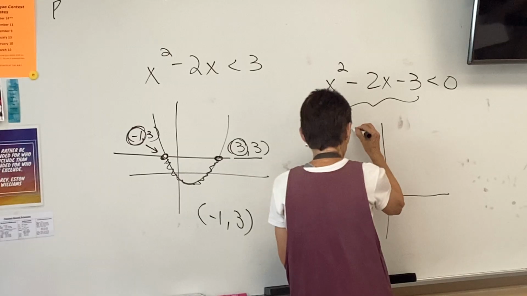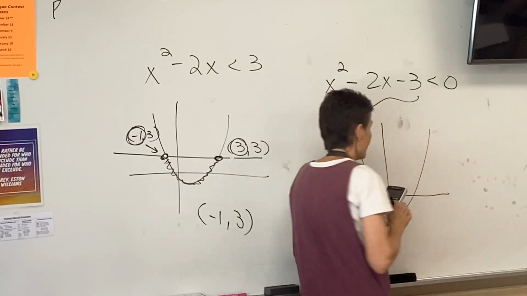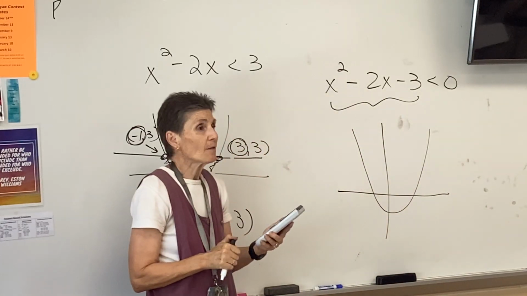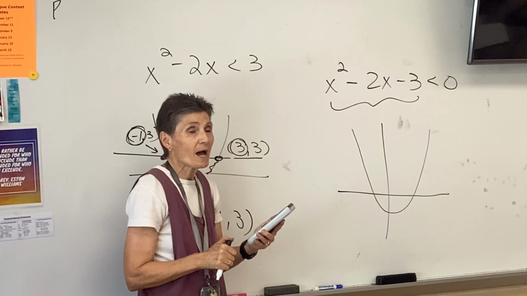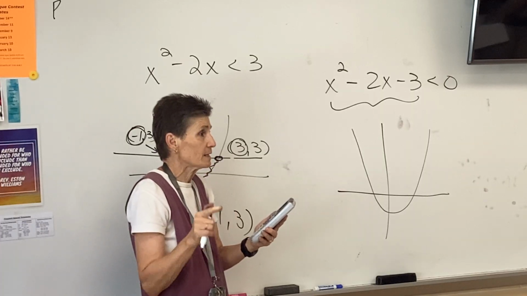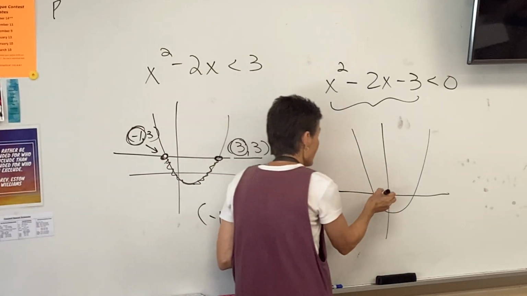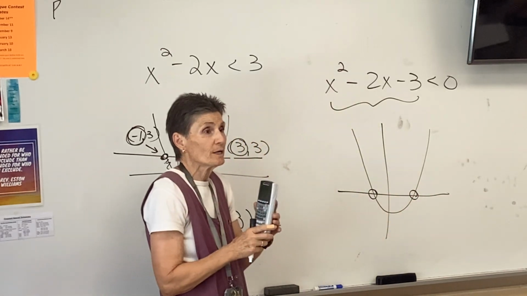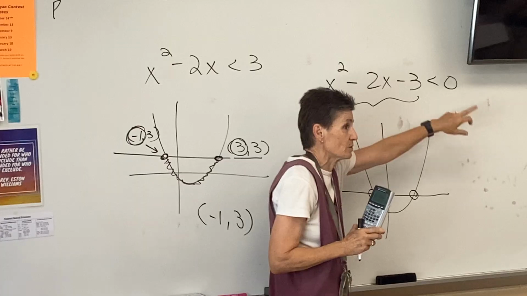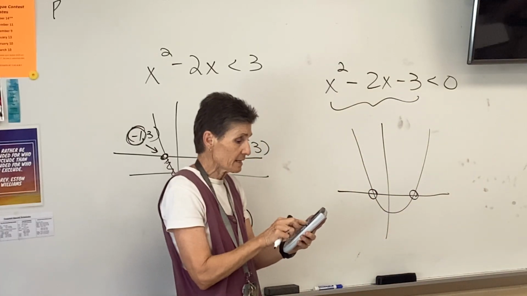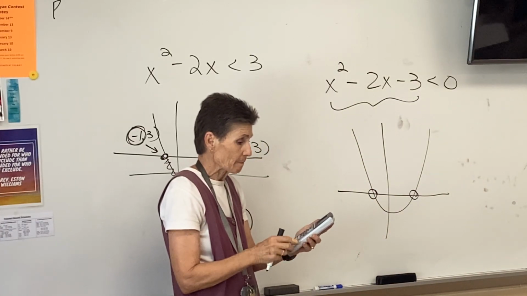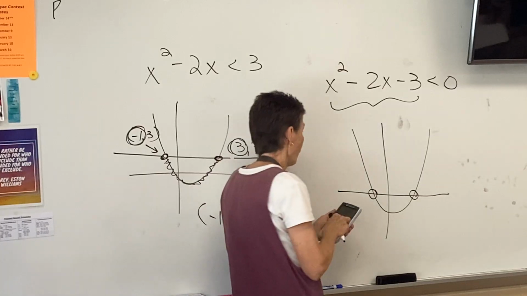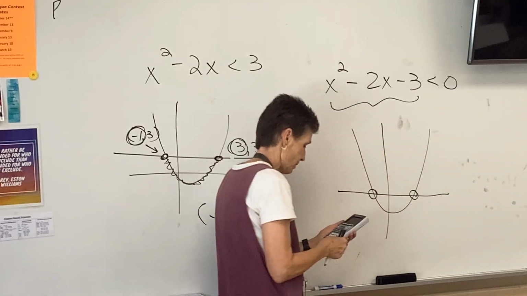If I do it this way, I get my parabola again. There's nothing to intersect. So I'm not going to second calc intersect. I am going to second calc 0 because I want to know where this thing equals 0. And then I do the whole left bound, right bound thing.